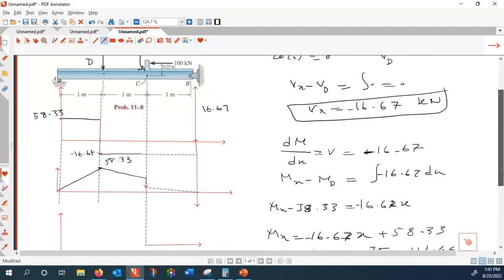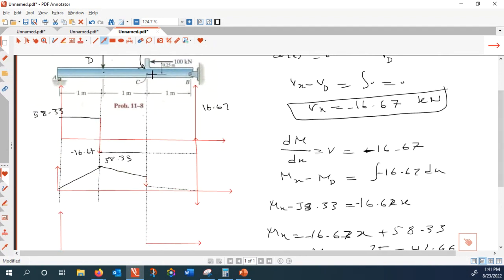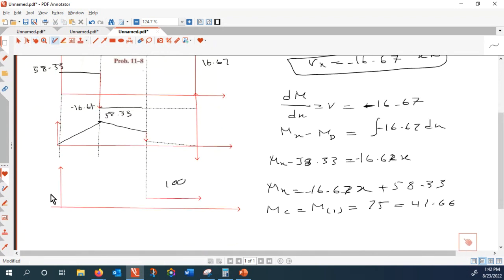Between here and there, you have 100 Newton only in the fourth zone, and everywhere else the Nx is 0.